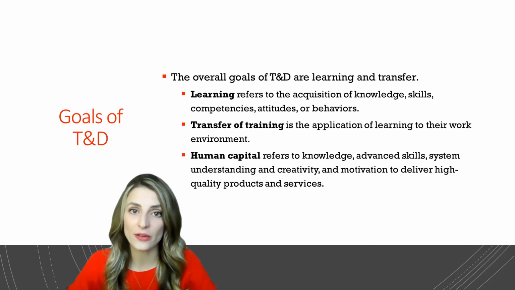It is something of value that we can't touch, we can't see, but it helps the organization do what it needs to do. Human capital refers to not only the knowledge, skills, abilities, and other characteristics of employees, but it also includes their experiences, their motivation, their drive, their passion, their creativity. All of these components of the human are considered human capital in the business sense.